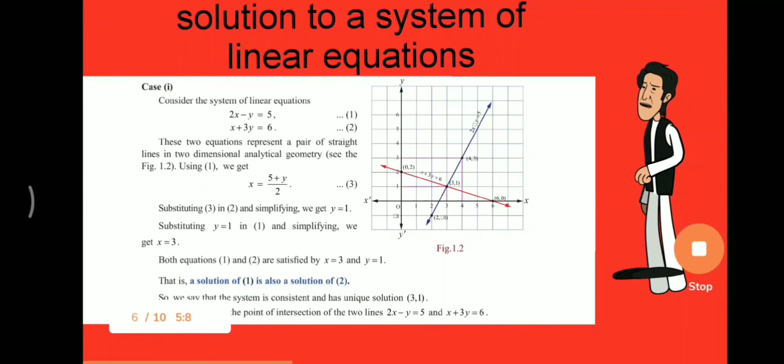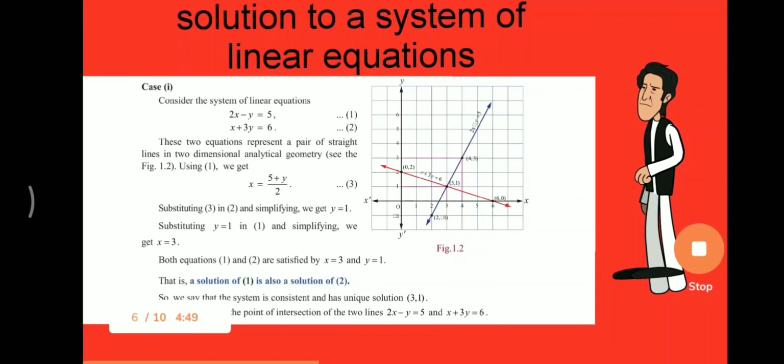Solution to a system of linear equations. The meaning of solution can be understood by considering the following cases. Case 1. Consider the system of linear equations: 2x minus y is equal to 5, x plus 3y is equal to 6.